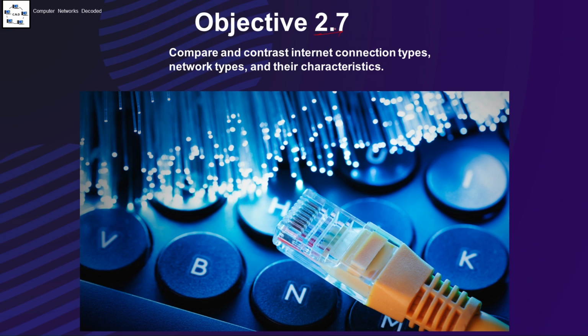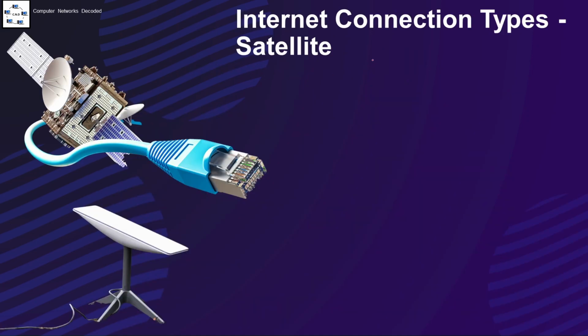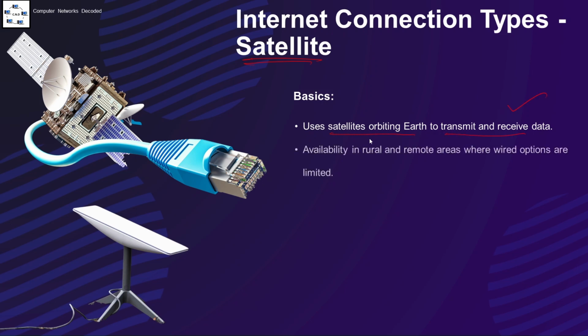Objective 2.7, compare and contrast internet connection types, network types, and their characteristics. The first topic in the internet connection types is the satellite internet connection. Satellite internet uses satellites that are orbiting the Earth to transmit and receive data.